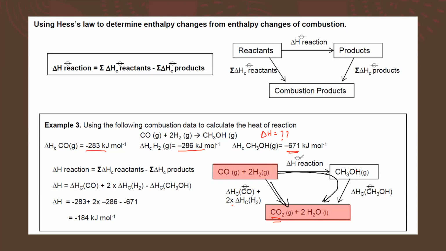So the enthalpy of the reaction plus the enthalpy change of combustion of methanol is the same as the enthalpy of combustion of carbon monoxide plus twice the enthalpy of combustion of hydrogen. If we need the enthalpy of the reaction, it will be the enthalpy of combustion of carbon monoxide plus twice the enthalpy of combustion of hydrogen minus the enthalpy of combustion of methanol. When we substitute, we'll get the enthalpy change for this reaction.